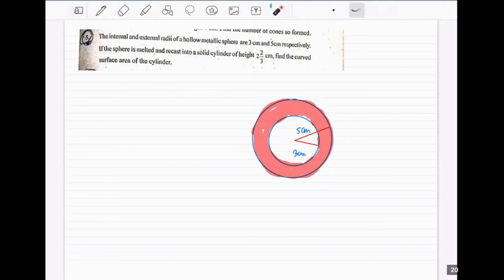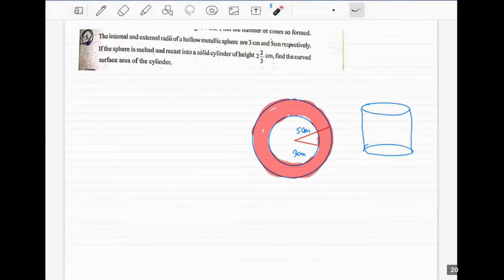Now what the question is saying is, if the sphere is melted and recast into a solid cylinder. We melt this and it is recast into a solid cylinder, not a hollow one, but a solid one. So we recast it into a solid cylinder like this, and the whole portion inside is metal.